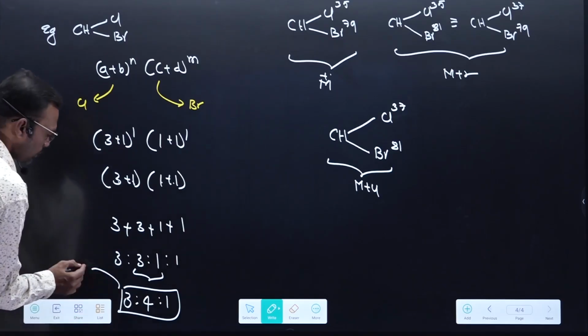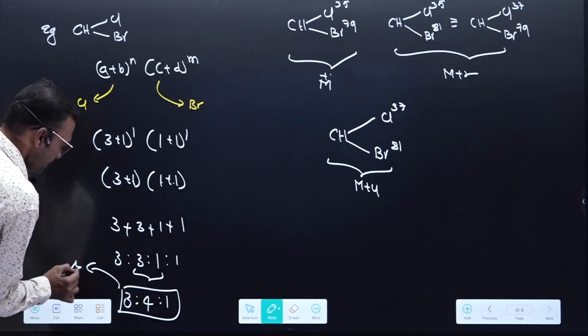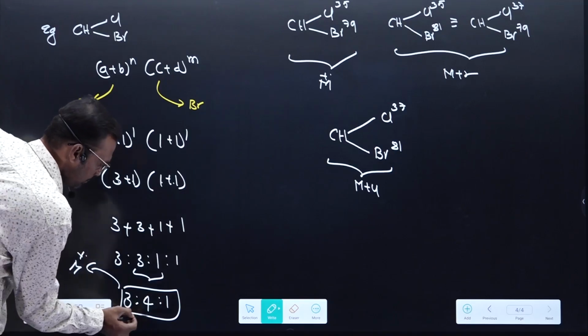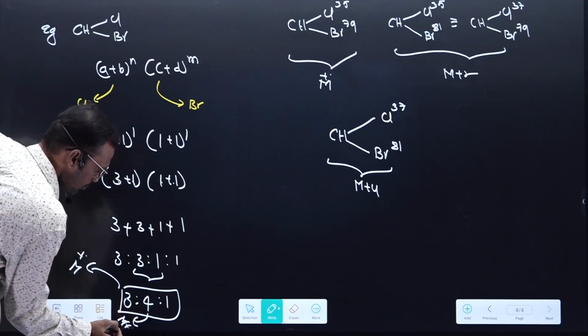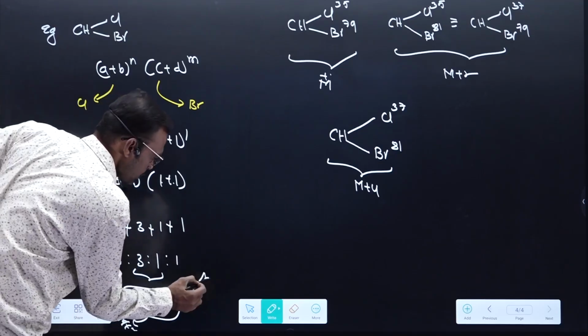So this is your molecular ion, and this becomes M plus 2, and this becomes M plus 4.